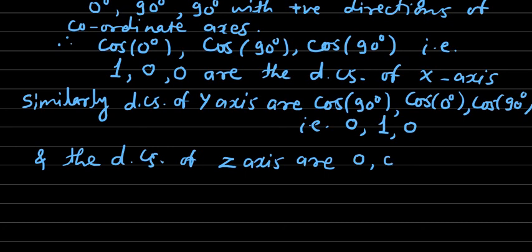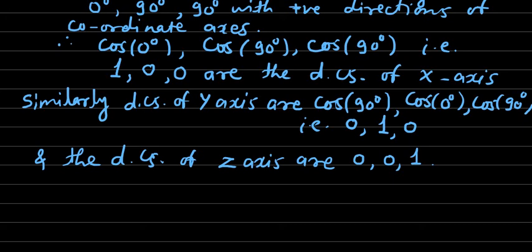Cos of 90, cos of 90, cos of 0 means 0, 0, 1. So likewise we have obtained the direction cosines of the coordinate axes. So we have solved this example.